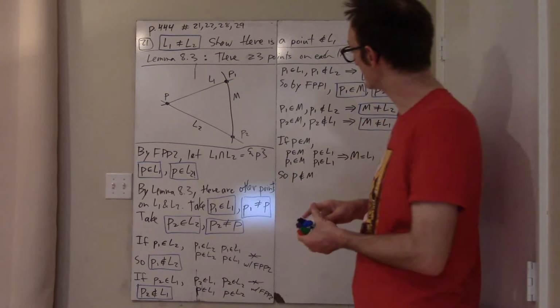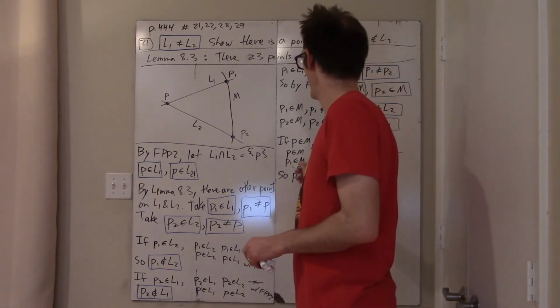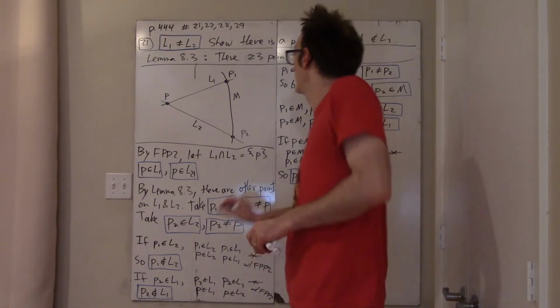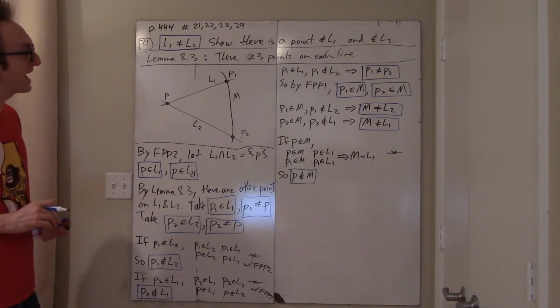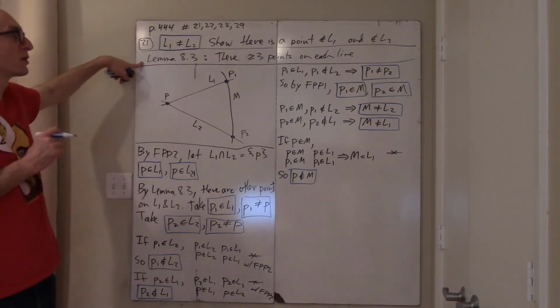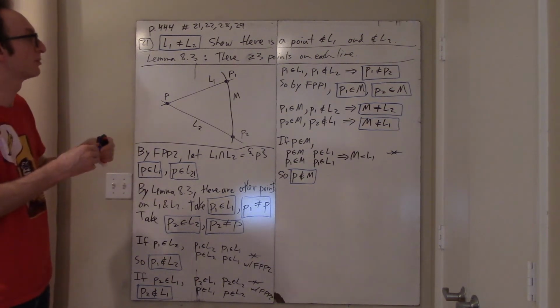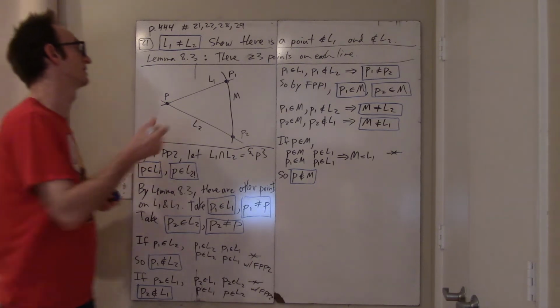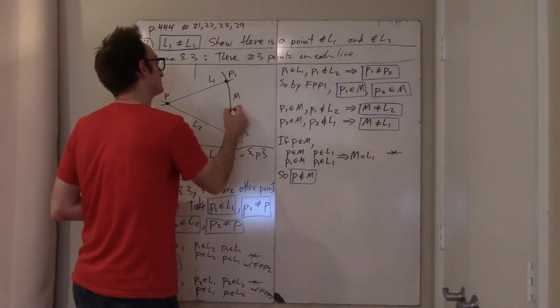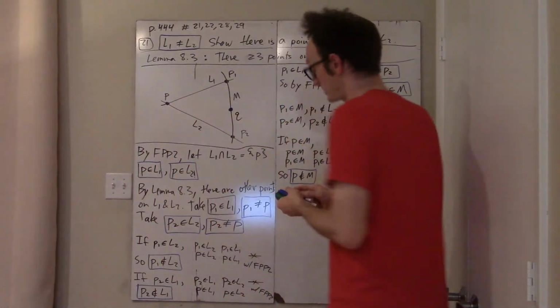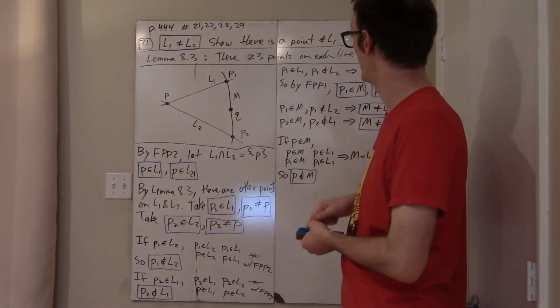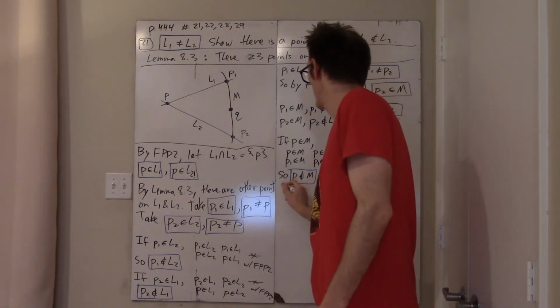Okay, so I got this line M now, and it goes through P1 and P2, and it doesn't go through P. And now I once again invoke lemma 8.3 to say that there's some other point on this line M. Call it Q. So we continue.